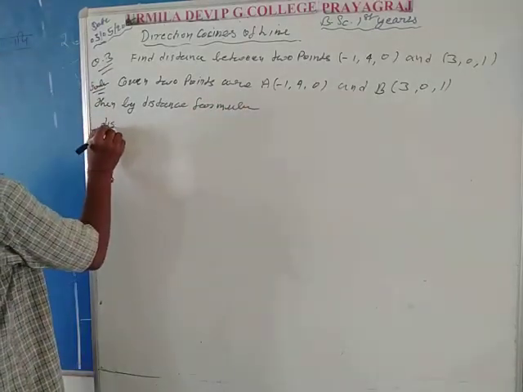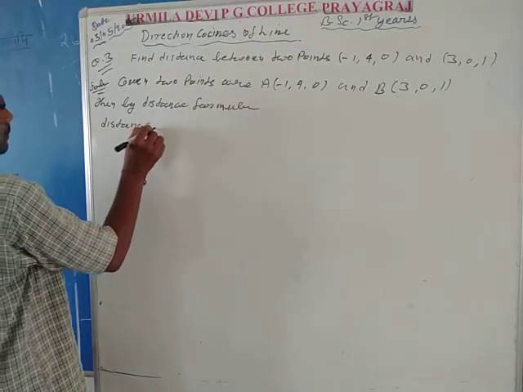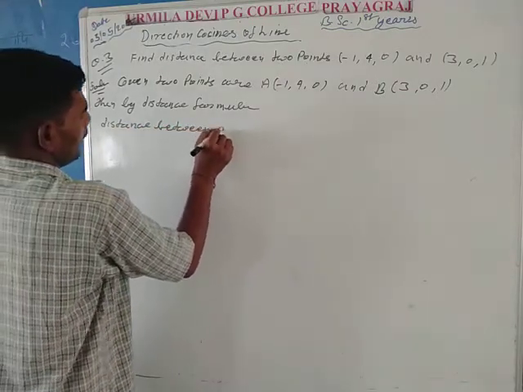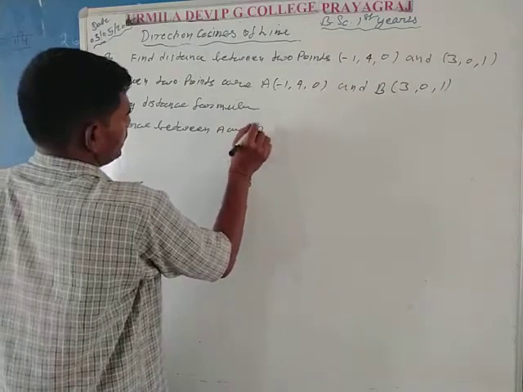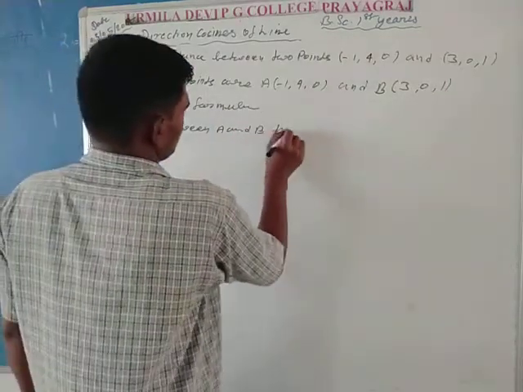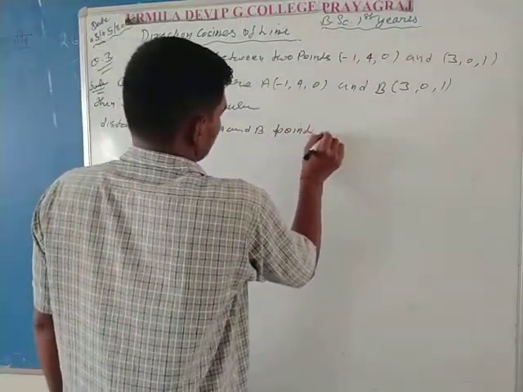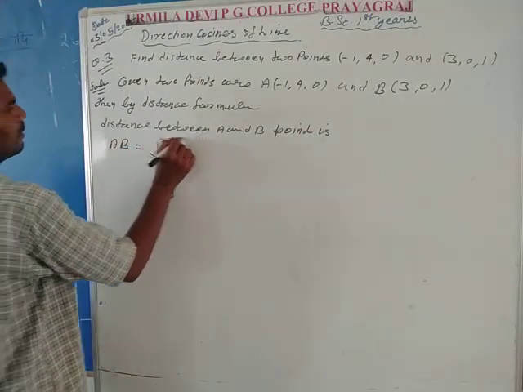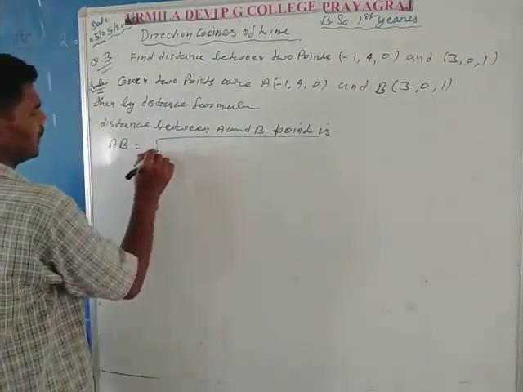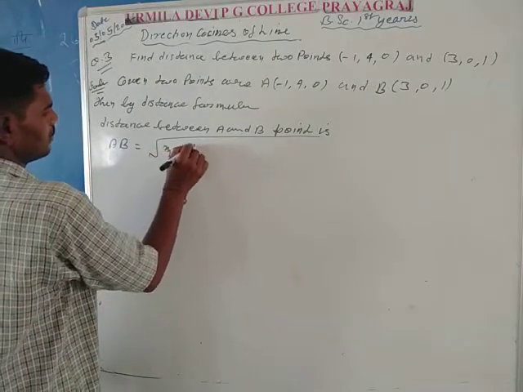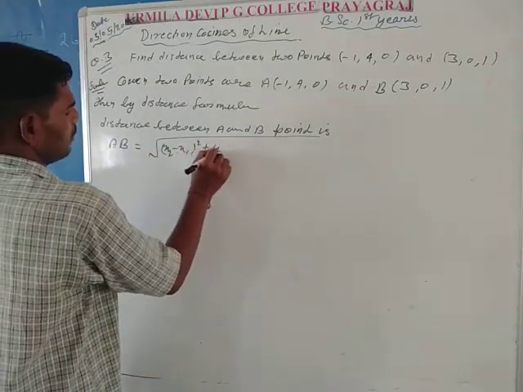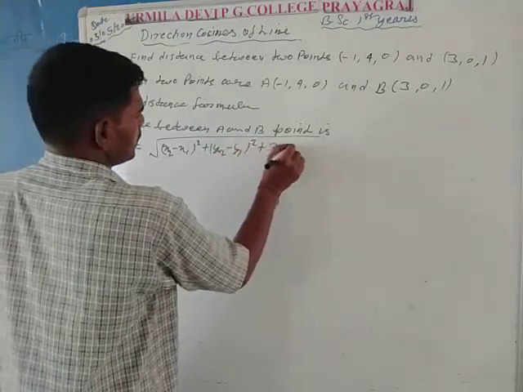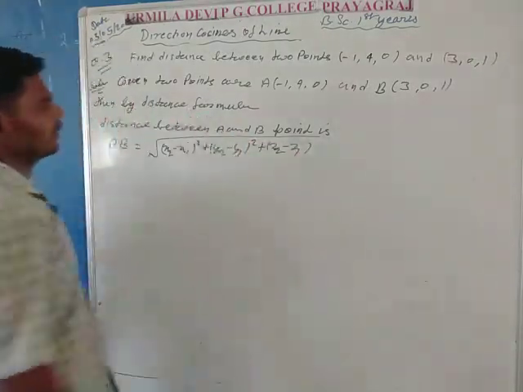the distance between points A and B is AB is equal to under root of (x2 minus x1) whole square plus (y2 minus y1) whole square plus (z2 minus z1) whole square.